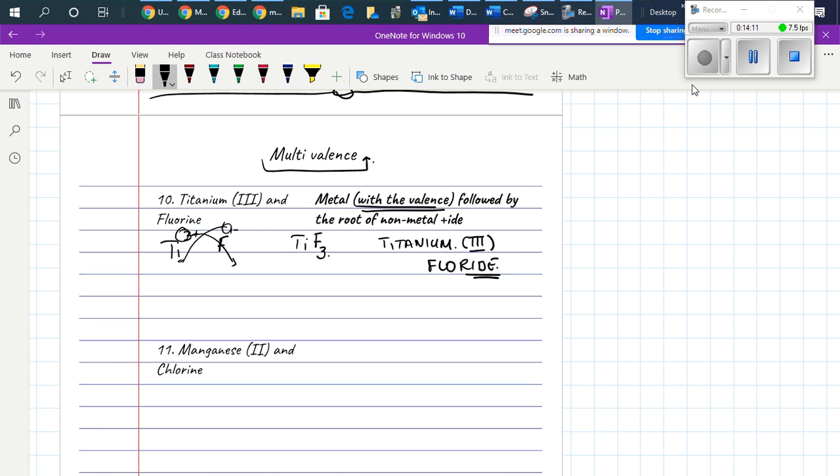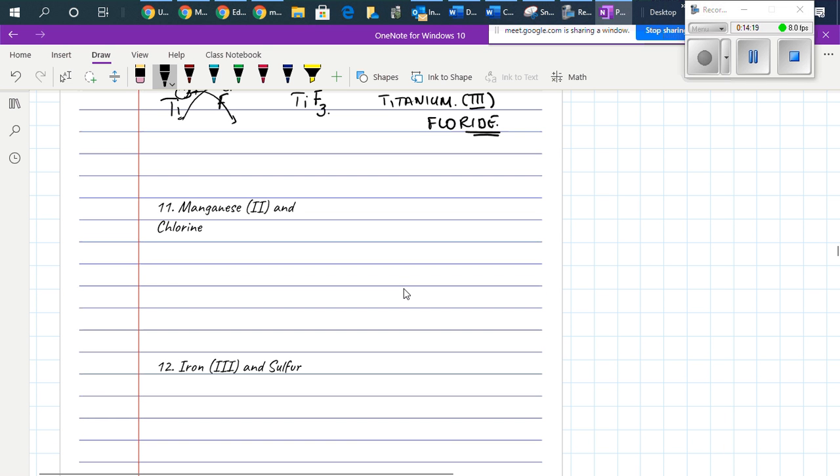Okay, the root of the non-metal plus the -ide. When we move to manganese now, manganese has +2 and +4. The one that we have to take into consideration is +2. So it will be Mn 2 plus. And then we have chlorine. Chlorine is in the 17th group, which means that it has 7 electrons in the outer shell.